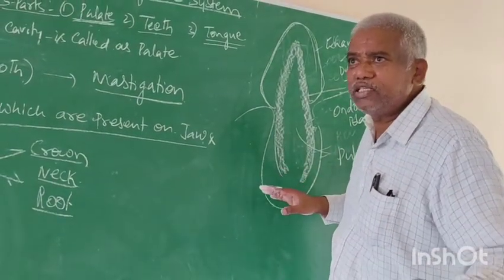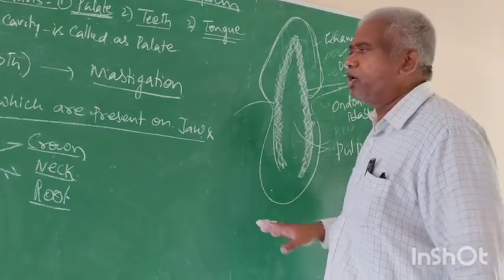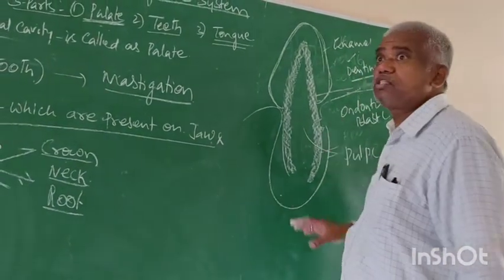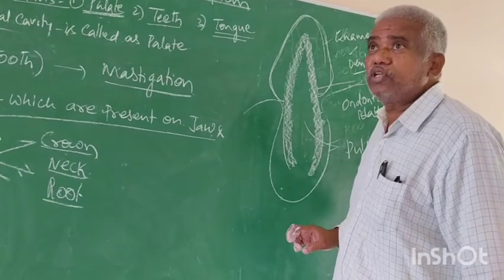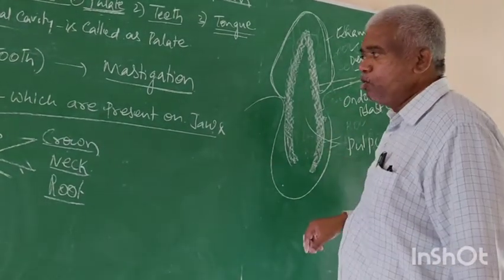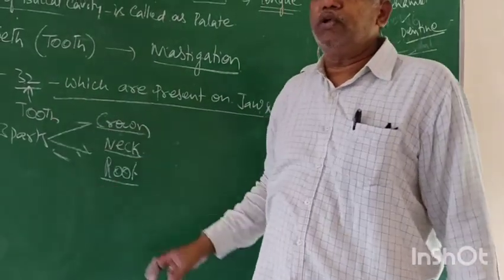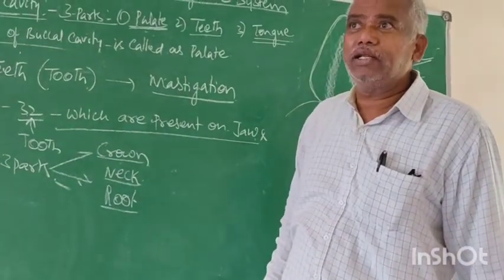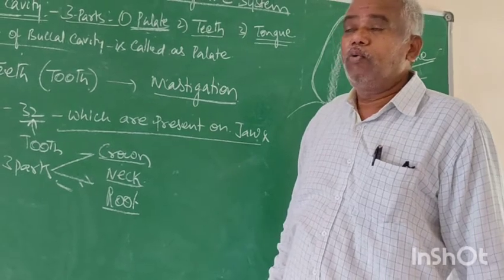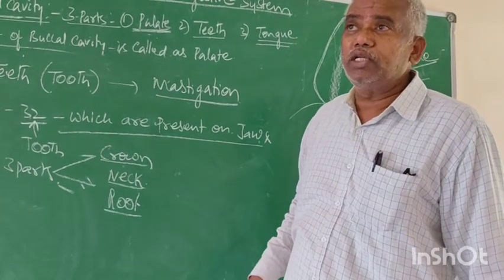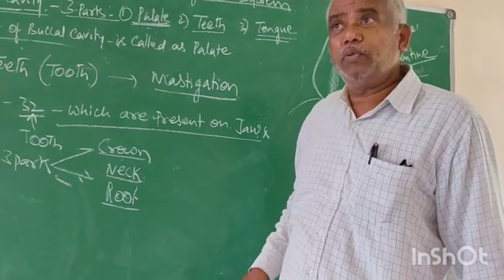It is not given in NCERT, but I have given it right now. Come to the next one. This is the teeth structure. What are the three parts of teeth? Crown, neck, root. Tooth is made with which substance? Dentin. Tooth with cavity or without cavity? Cavity. Name the cavity: pulp cavity.